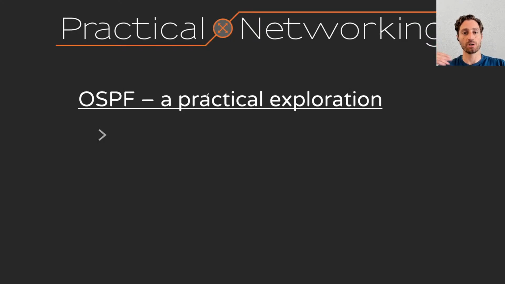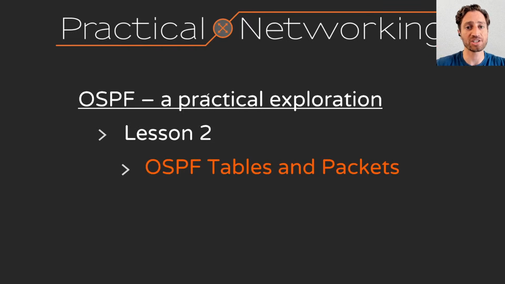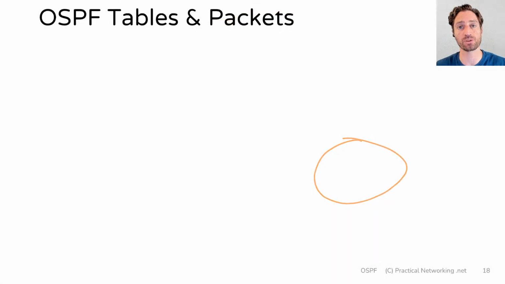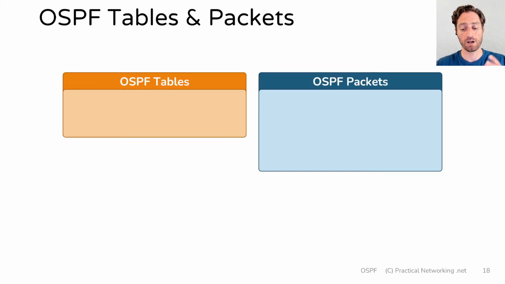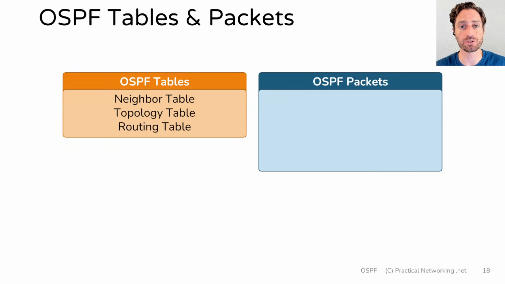Okay, so we've moved past IGPs and EGPs and link state and distance vector. Now we're going to start talking specifically about the OSPF protocol. In this particular lesson, we're going to be looking at the different tables that are involved with OSPF and the packets that OSPF uses to do its thing. So OSPF uses 3 tables to do its job: a neighbor table, a topology table, and a routing table. I'm going to show you each of them shortly.